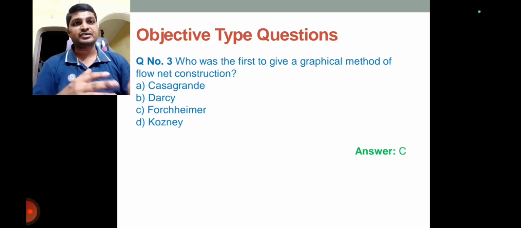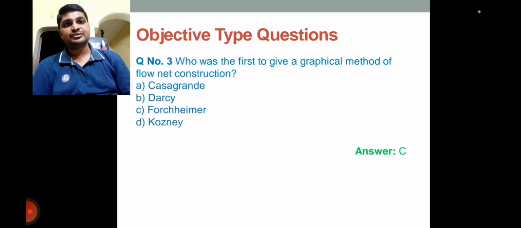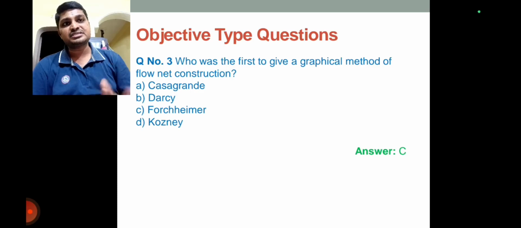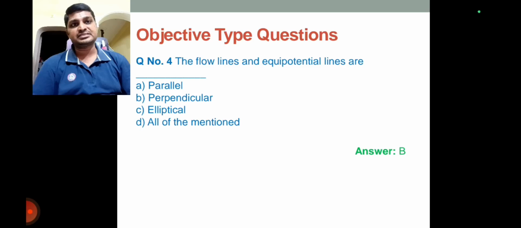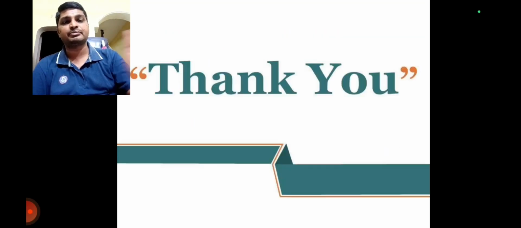Who was the first to give a graphical method of flow net construction? Here the answer is Forchheimer, who first gave the flow net for understanding. And are flow lines and equipotential lines parallel to each other, perpendicular to each other, elliptical to each other, or all of the above? We have already seen that flow lines and equipotential lines are perpendicular to each other. Like that, questions will come.